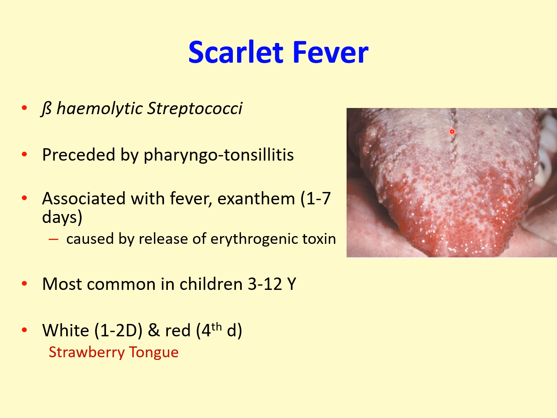The tongue initially shows a whitish coating in the first 2 days, followed by erythematous patches on the skin. Hence, the term strawberry tongue is used to indicate tongue lesions associated with scarlet fever. So now you know that strawberry tongue is basically a manifestation of scarlet fever, which is caused by beta hemolytic streptococci.